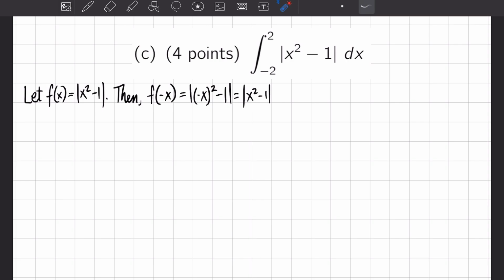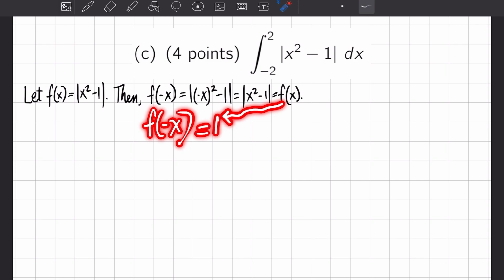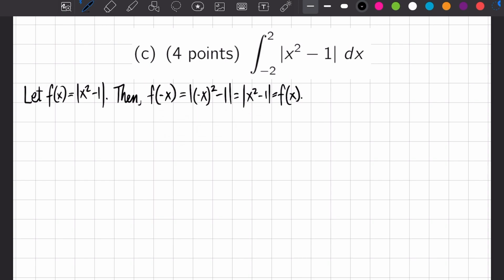And as we can see, this one right here is exactly your f of x. And so, we have shown that f of negative x is equal to f of x. And so, we say that the function is even.